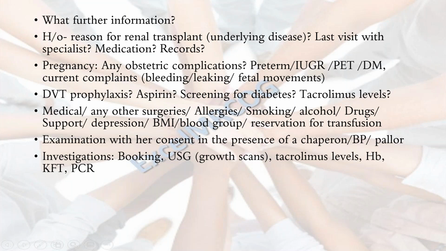Then about the pregnancy. Does she right now have any obstetric complications, preterm delivery, any growth restriction, PET, diabetes? Particularly so because she's on tacrolimus, PET because she's having a renal transplant, IUGR again because she's having a renal transplant. Any current complaints that she is having. Okay, you can justify your points here and there.